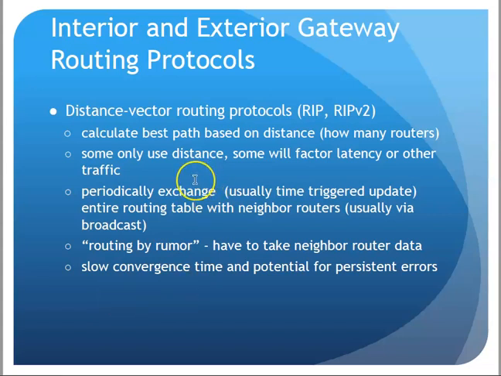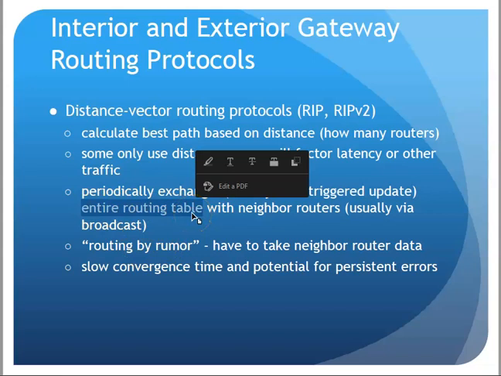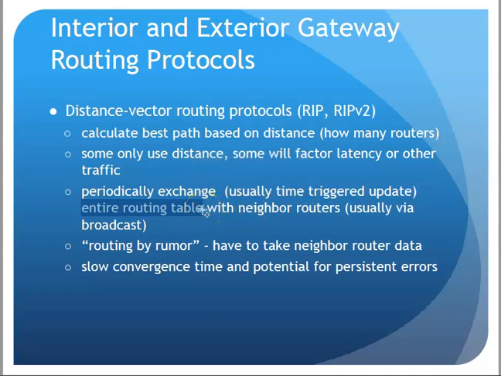They periodically exchange the entire routing table, usually time triggered, every 30 seconds, every 90 seconds kind of thing. And it literally shares its entire routing table. It's like, here's all the routes I know, usually by a broadcast. And because it's by broadcast, as one router broadcasts to the next one, that next one's not going to pass that broadcast on.